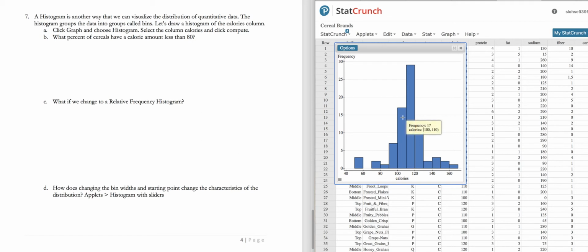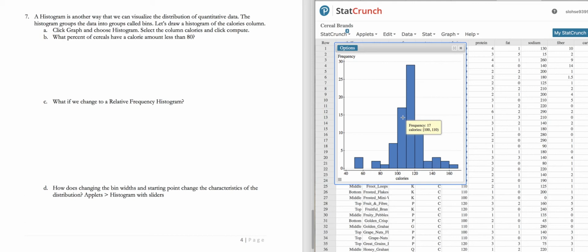As you see, while I move my cursor over the histogram, I can get some information about each one of those bars. The frequency, so that's the number of data pieces. We can see that 17 cereals have a calorie amount between 100 and 110. And I want you to notice the very specific way that that interval is given to us.